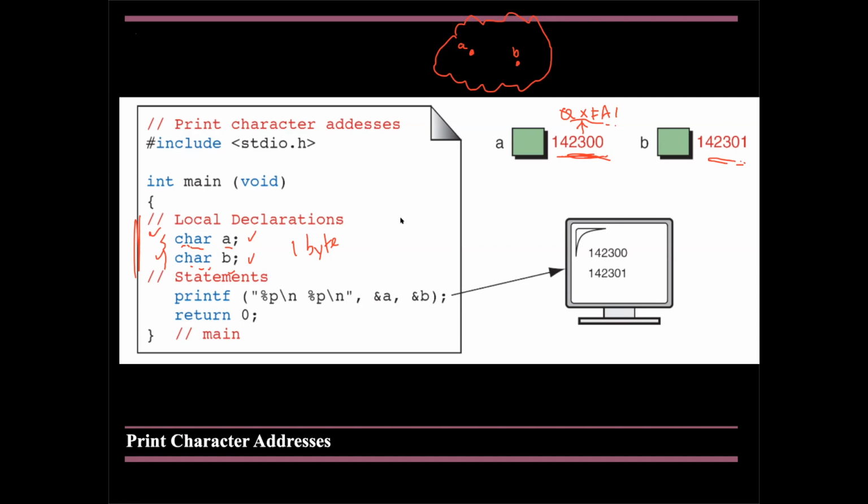For most data types in C and C++, the very first byte of a variable is where its memory address is. Since char is only 1 byte, this entire byte has a memory address associated with the location of A and B. For example, an integer is 4 bytes in memory space. There are actually 4 slots right here, and the very first slot is reserved for the memory address of this integer.